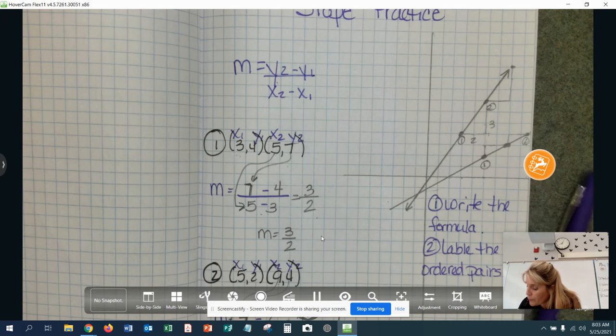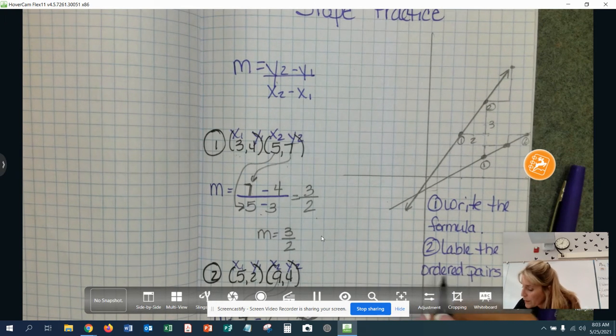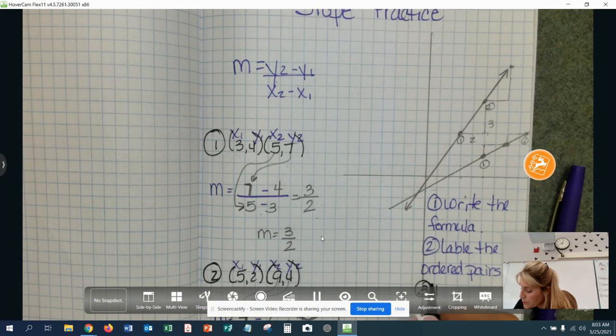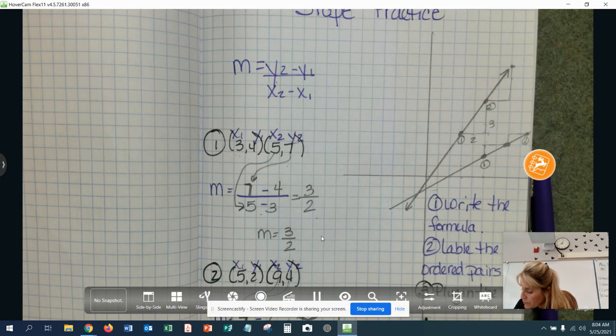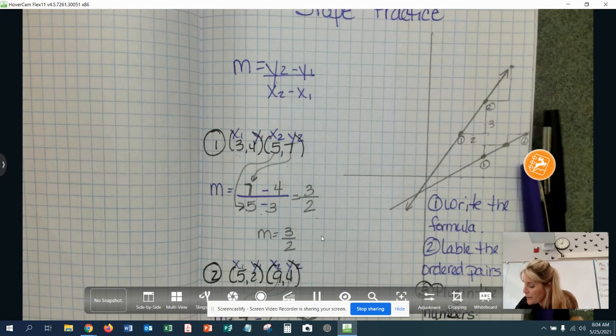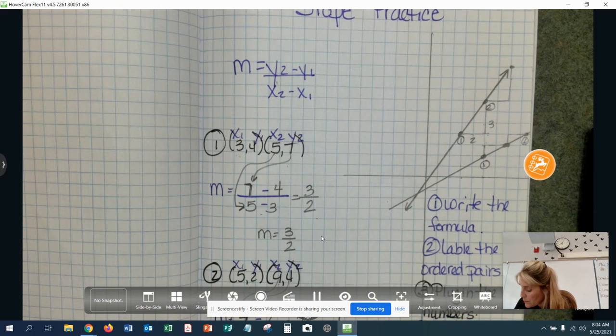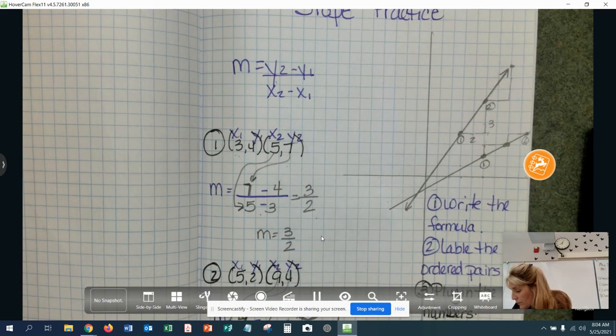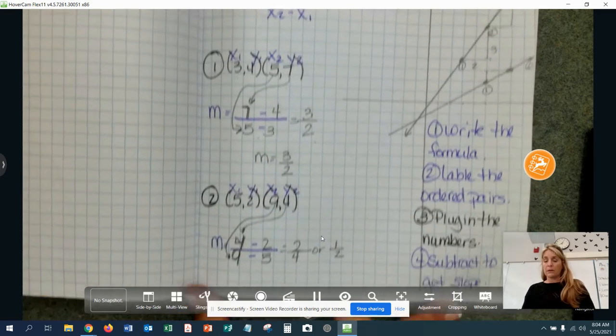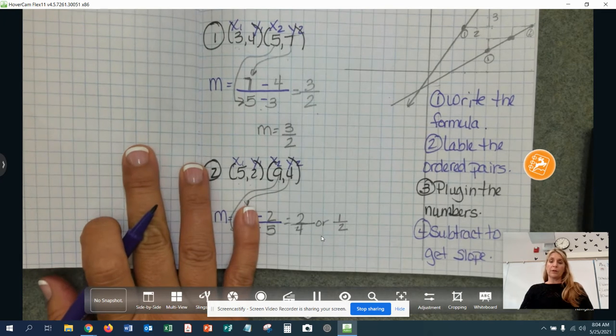Okay, write the formula, label the ordered pairs, and then 3, I would plug in the numbers. Okay, and then 4, subtract to get slope. Not slop, slope.